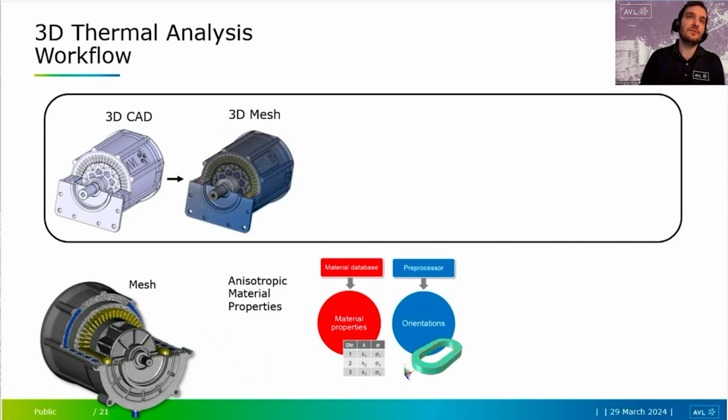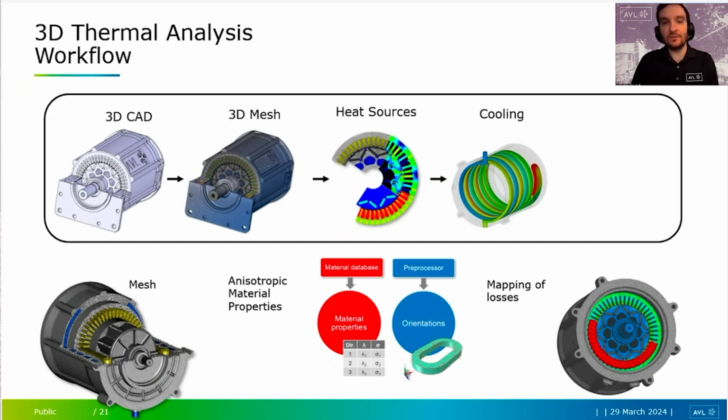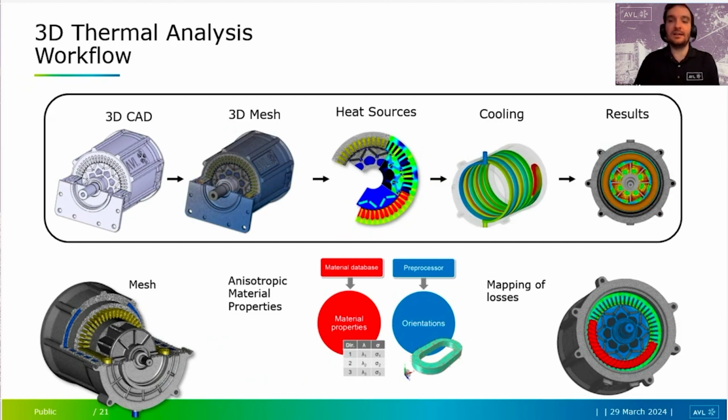Within our mesh, during that meshing process, you can also then later on define your materials, and this step would be where you would use the losses that you get from the electromagnetic simulation, the e-motor tool, to map those out in the 3D boundary conditions for the CFD, and then you can do your cooling study and then obviously analyze your results.